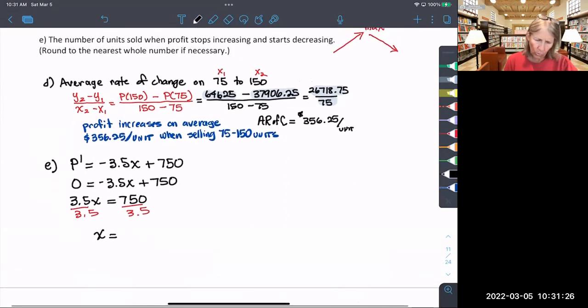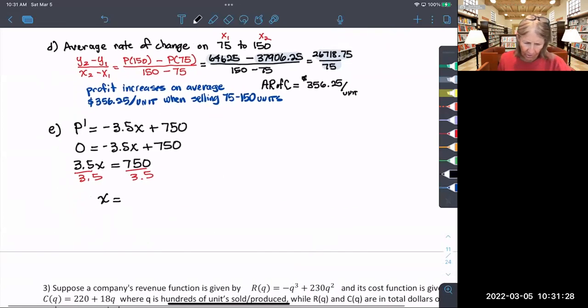It says round to the whole number if necessary. Yeah, I believe so. Let me get my calculator. If I take 750 and divide that by 3.5, I get like 214.2. So let's just say, I'll put a little squiggly equal here, it's about 214. Okay, these are units.